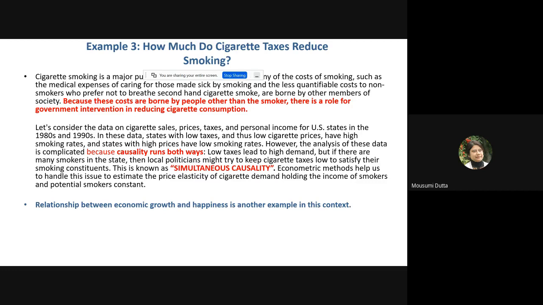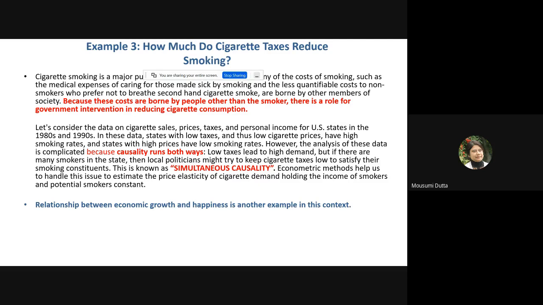Third, how much do cigarette taxes reduce smoking? Okay, so you go through this example. Already I mentioned the relationship between growth and happiness. Whether happiness determines growth or growth determines happiness, we are not understanding. Sometimes in the commodity market this happens. Whether the quantity determines price or price determines quantity, we do not understand.